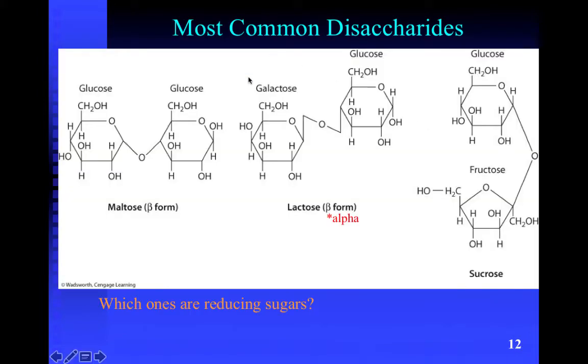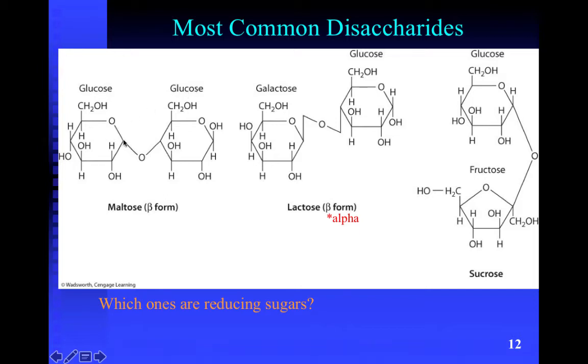These are the most common disaccharides. Here, for example, is maltose. It's glucose. And these structures aren't perfect. If I wanted to, we could pick these apart, but let's stick to the most important points of this. Here's maltose. So maltose is glucose. We already know that.